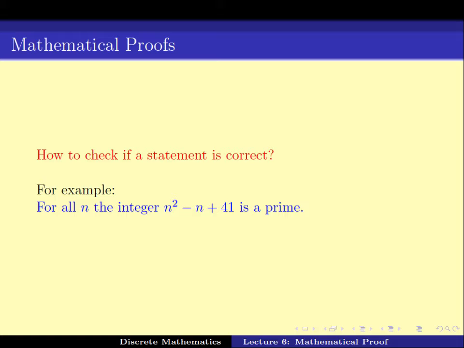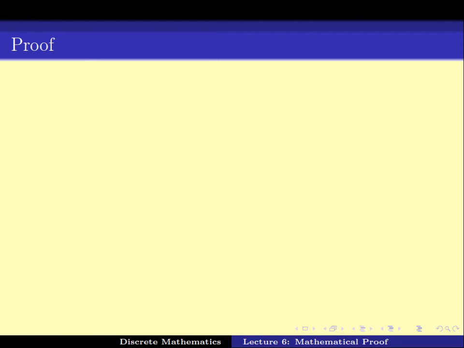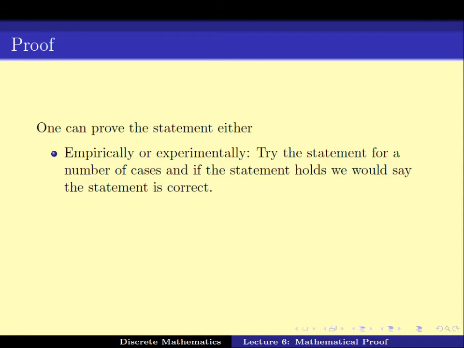Now if I ask you to check if the statement is correct, how will you go about it? So there are two ways of checking if the statement is correct. The first proof technique is what we call empirical or experimental proof. That is, we would like to try this particular statement or any statement on a number of cases, and if the statement holds for all the cases for which we have tried, we would say the statement is correct.